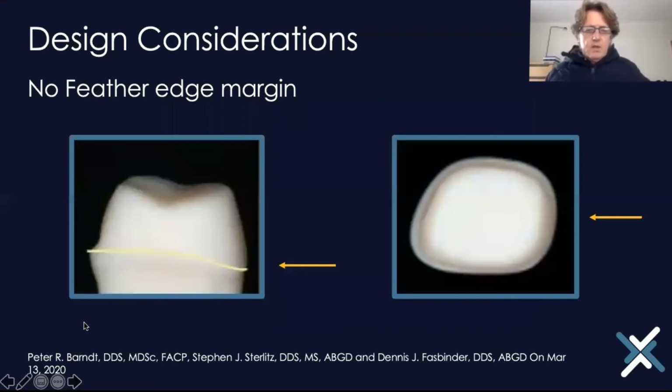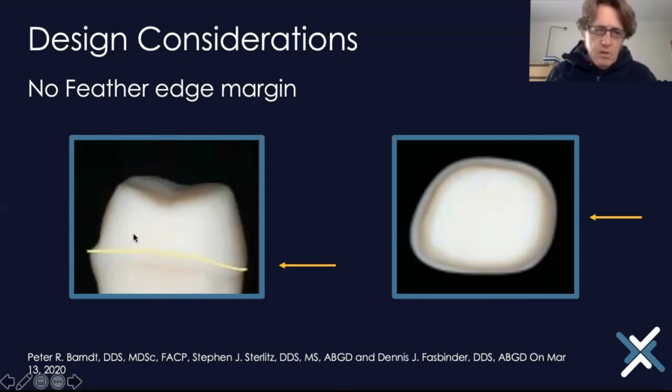All right. So one of the other design considerations, if you are scanning and if you are milling, you need to understand that you have to have a chamfer. That goes because you need a porcelain on the end, and the milling properties of a porcelain, there's a thing called a chipping rate. And when you prepare and that area is thin like this, you will have a chipping or chipped margin on your porcelain that will not be a proper seal.